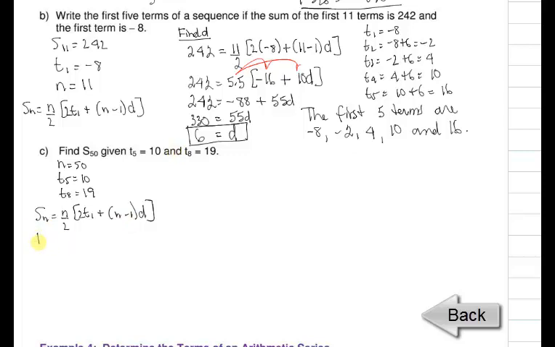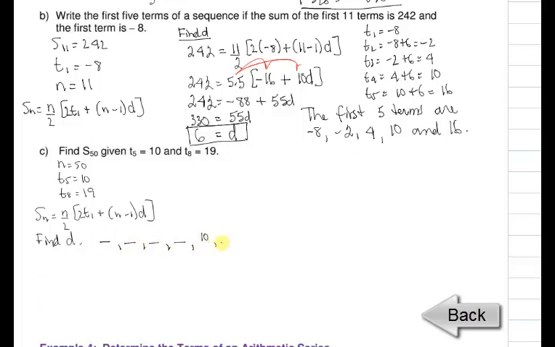Okay, so I'll do that here. And one way to do that is to draw a picture of what we have here. Okay, so we don't have the first four terms. Space, space, space, space, but we do know that t5 is 10.